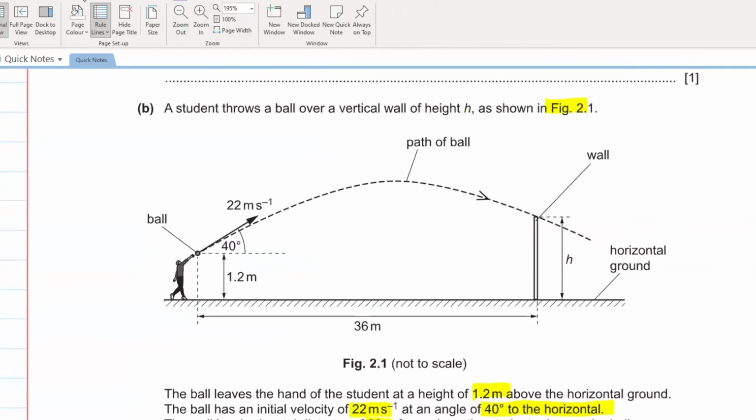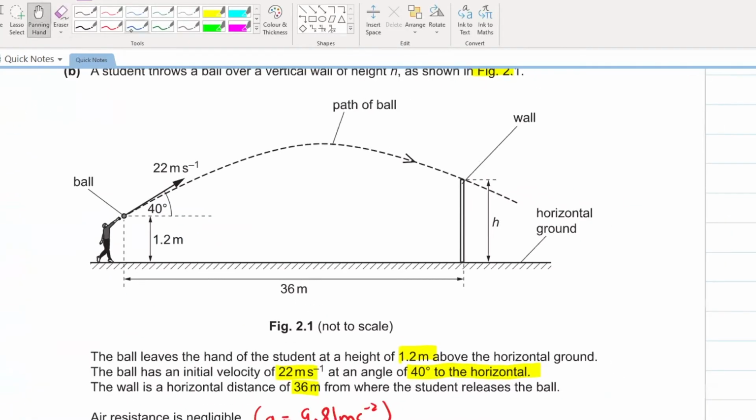First of all, can I zoom in and break this 22 m s^-1 velocity into two vectors? Yes. One can be the horizontal vector, that is 22 cosine 40, and one can be the vertical vector, that is 22 sine 40. These are the two vectors in which the velocity can be broken down.